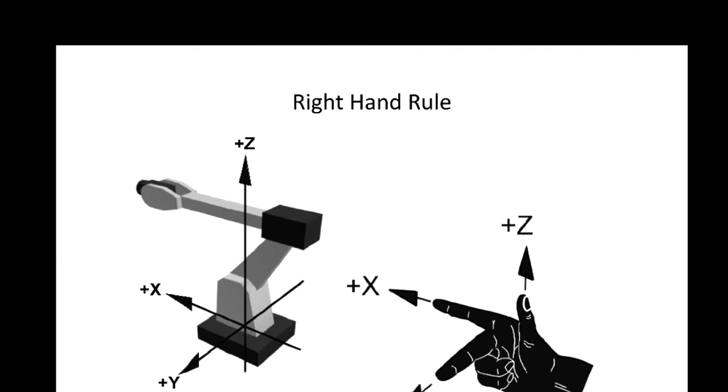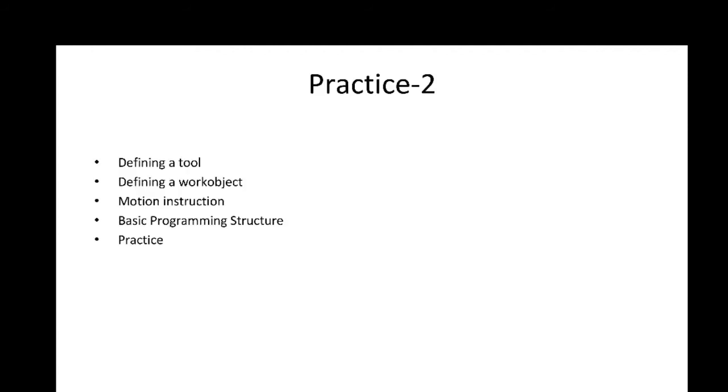Okay, now the second segment of the practice session. In this practice session you have defining a tool, defining a work object, motion instruction, basic programming structure, and practices. What is a tool? A tool is nothing but, as I already told you people, the robot's 6th axis has something depending upon your application.